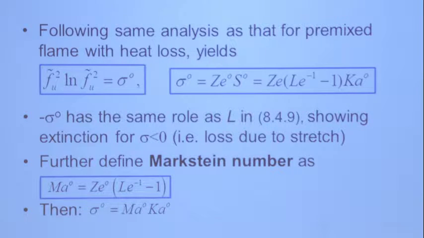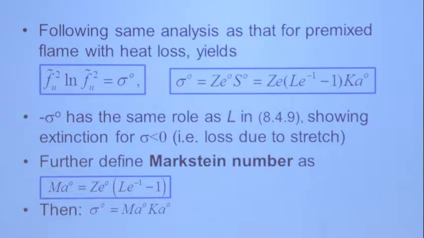Now, another number, just for your general information, is called the Ma-Sing number. Basically, you just take this guy and this guy, okay? Zeldovich number times Lewis number. Why do you want to separate it out and put a Ma-Sing number there? Because this is a system-dependent property. The Karlovitz number, the fluid mechanics, depends on your flow. But this guy really just depends on your mixture. Okay?